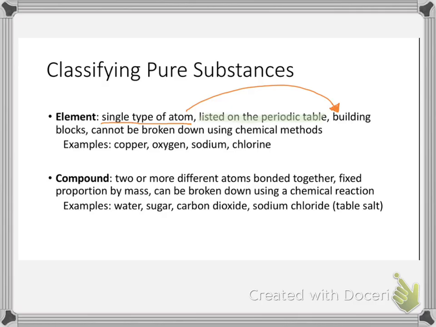So elements only have one kind of atom. They're the building blocks, and we cannot break these down with chemical reactions. You can do things physically to atoms, but in a reaction, the atom is the smallest it's going to go. And there's just some examples: copper, oxygen, sodium, chlorine.